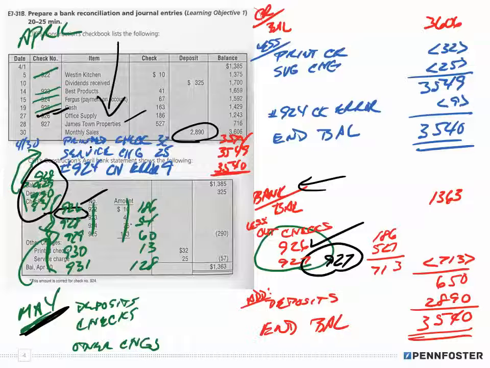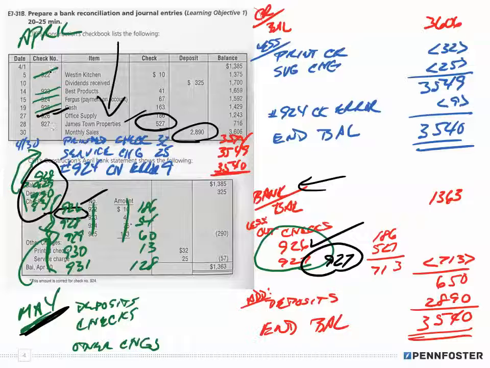Well, you don't want to just say, oh, they didn't cash this $527 check, so I have $527 more, let me just get rid of that check. No, you can't do that.